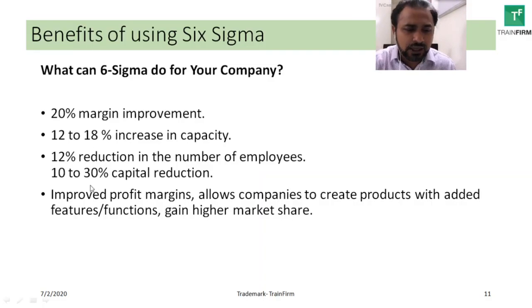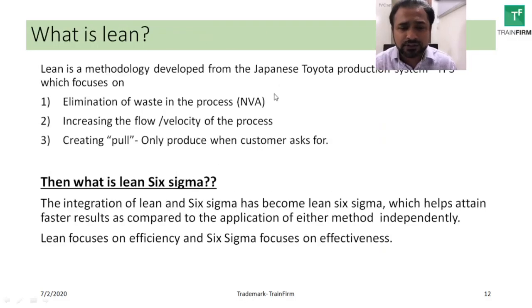It's one and the same. Or sometimes you can even aim at about 10 to 30% of capital reduction, right? For a company, it's a big deal. So some of the numbers we have gathered from the industry as a thumb rule, just to give you a flavor of what kind of savings you can expect if you implement it.